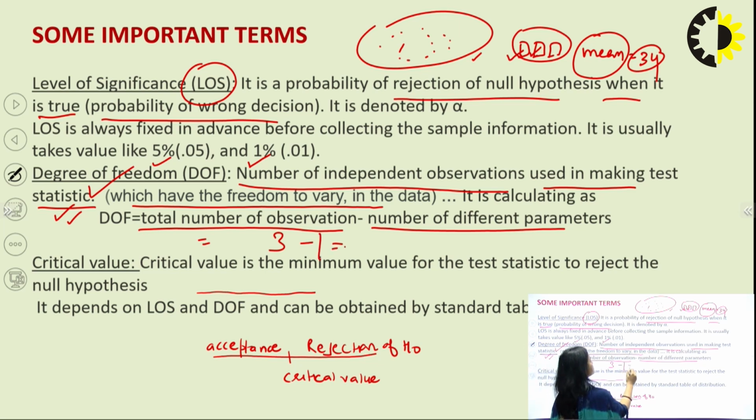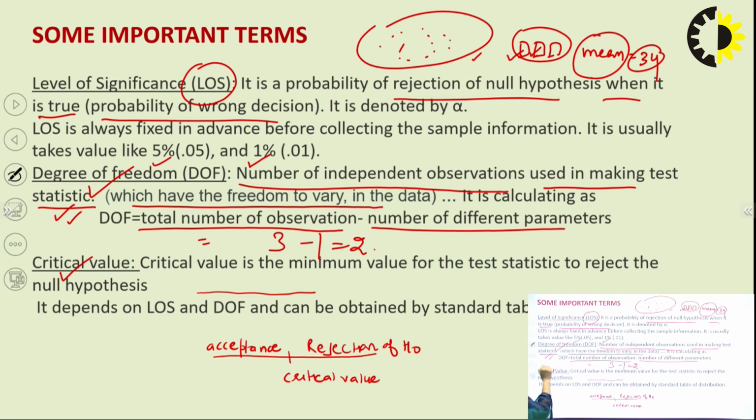So 3 minus 1 is equal to 2. Because I am finding only one statistical constant, which is mean, for one sample only. So number of different parameters is equal to 1. So degree of freedom will be equal to total number of observations minus number of different parameters, that is 3 minus 1 is equal to 2.